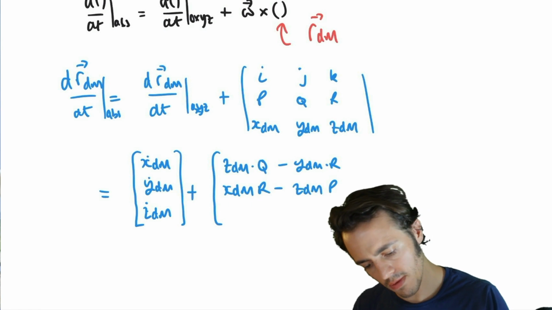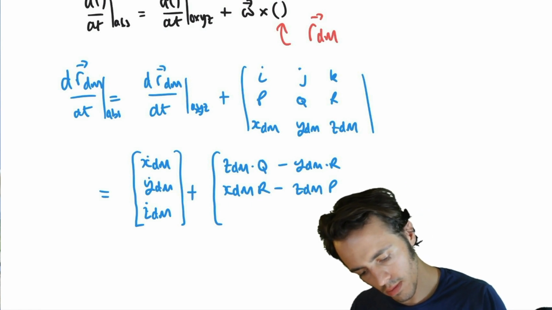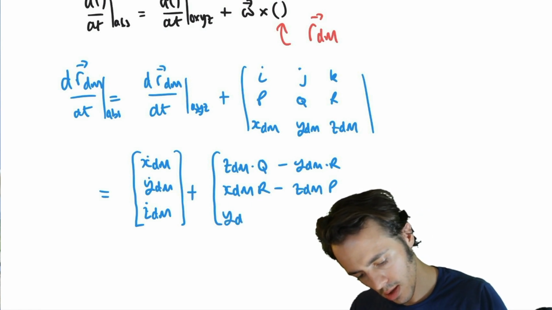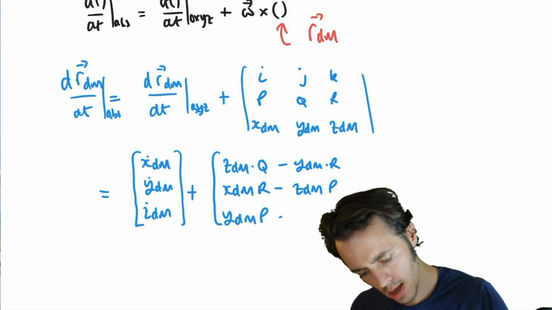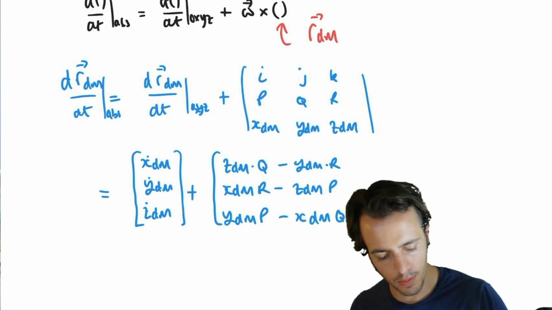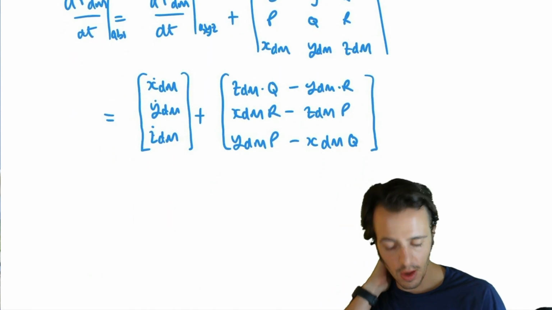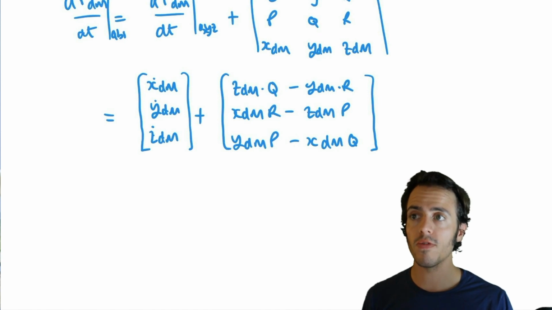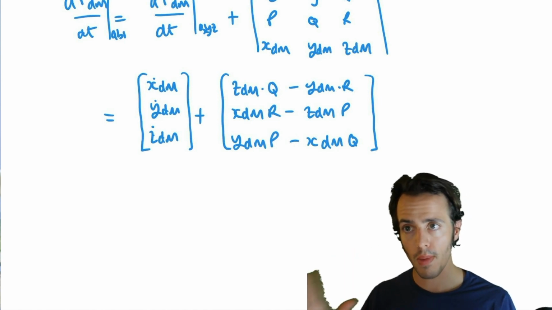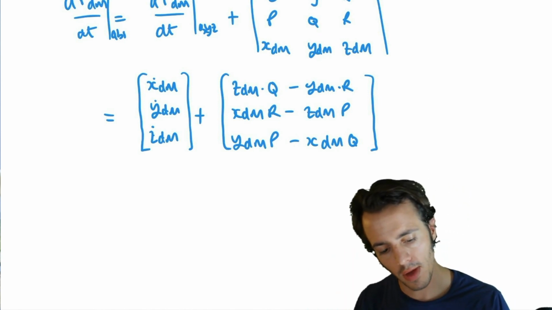And then we're going to have y dm p minus x dm q. Okay, so this is the absolute velocity, or the absolute translational velocity of this mass dm due to aircraft rotation.